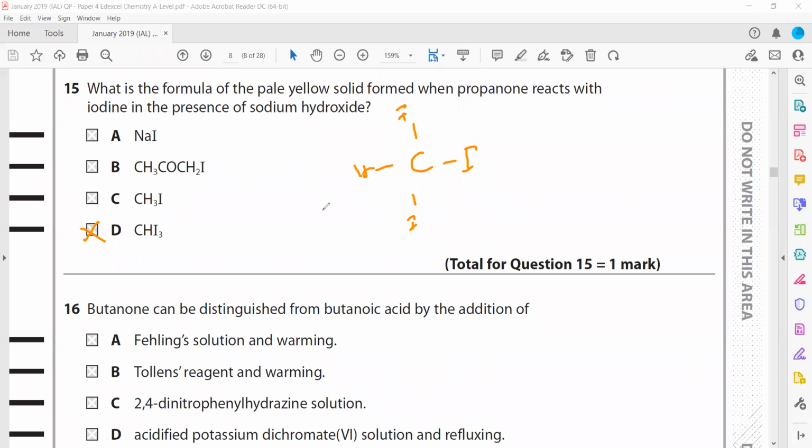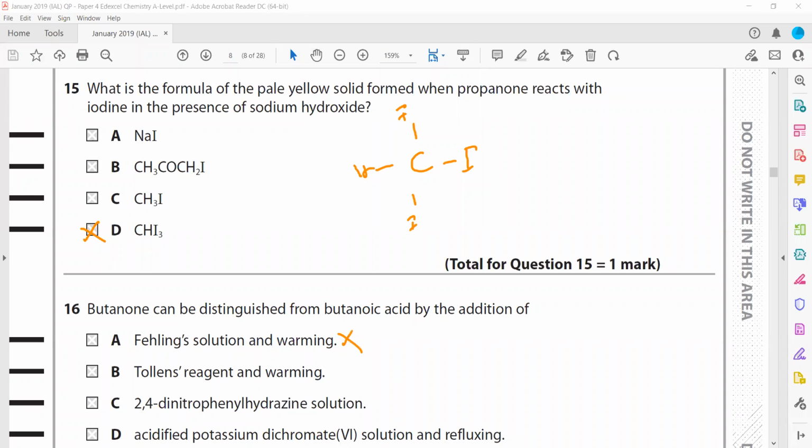Butanone can be distinguished from butanoic acid by, if I add Fehling's or Benedict's solution, aldehyde can be oxidized, but ketone and carboxylic acid cannot be oxidized.